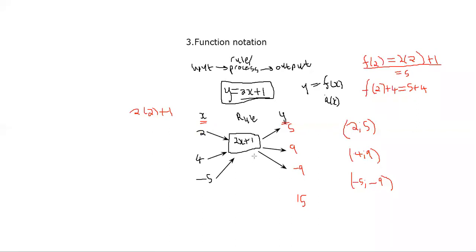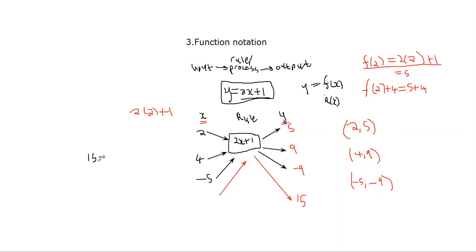So you already have the output value. What they want from you is the input value. How will you do this? You reverse the whole process. In this rule, where you see y, you substitute 15, because this is the y value. So it will be 15.